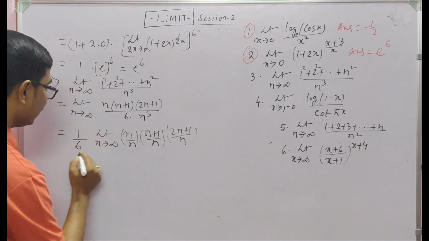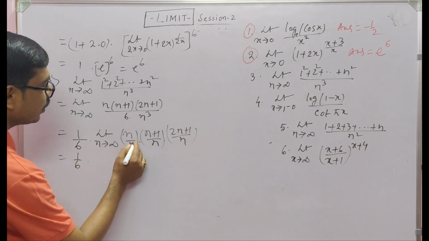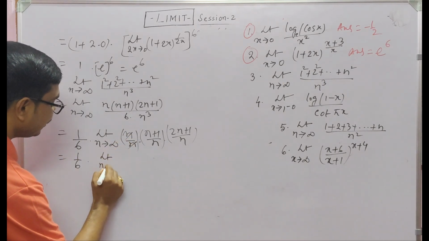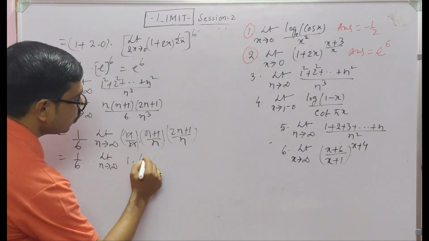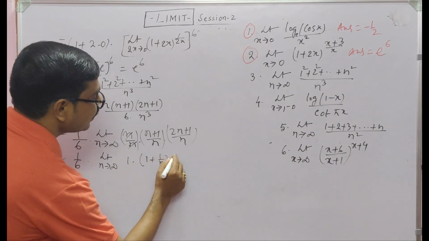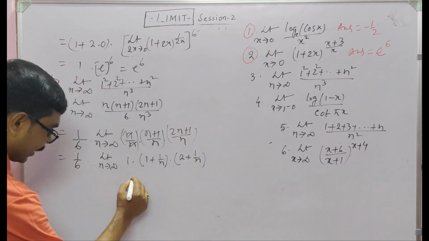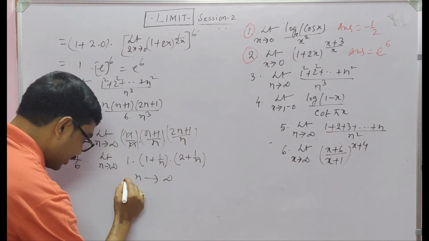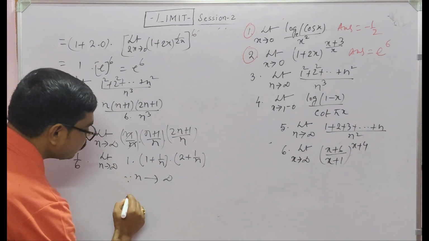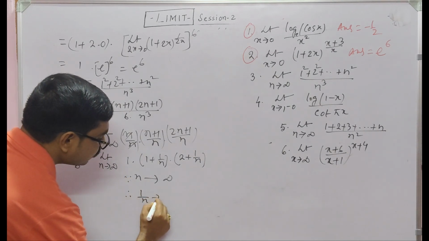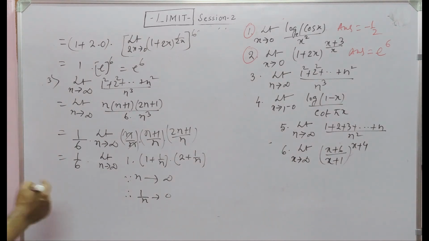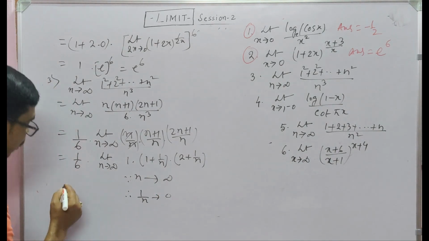Now the n's cancel out, giving 1 by 6 into 1 into (1 plus 1 by n) into (2 plus 1 by n). Since n tends to infinity, 1 by n tends to 0.